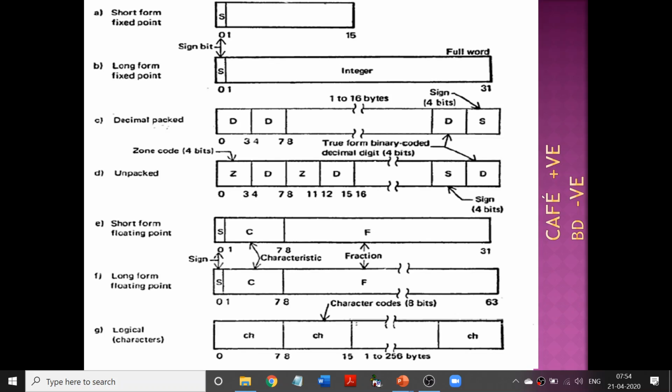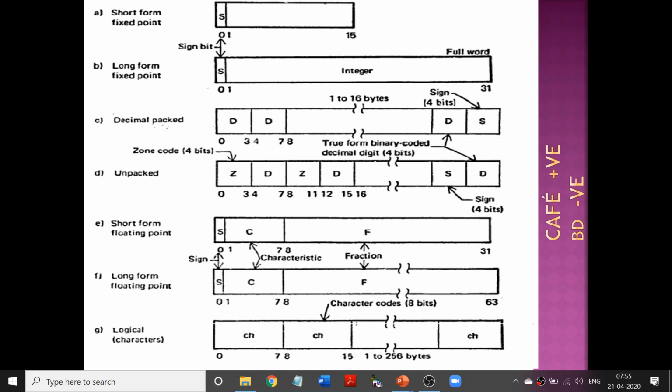The first bit, the 0th bit, is the sign bit. Then you have 1 to 7, which means 7 bits for character. So 8 bits in this case: 1 bit is sign, the other 7 bits are character. Similarly, from the 8th bit to the 63rd bit, all these are going to be your fractional part. Here also you can give numbers, random zeros and ones, that will be more than sufficient.